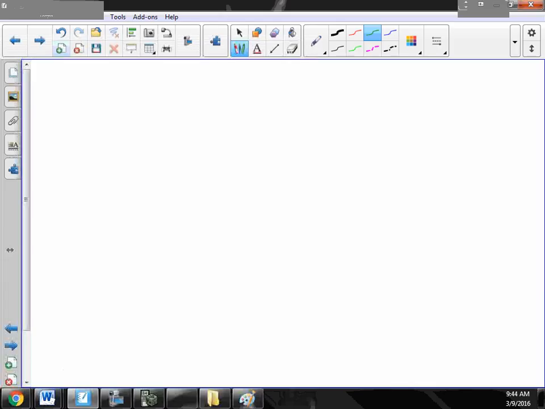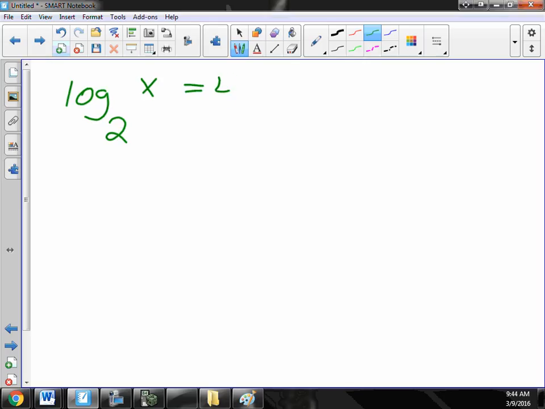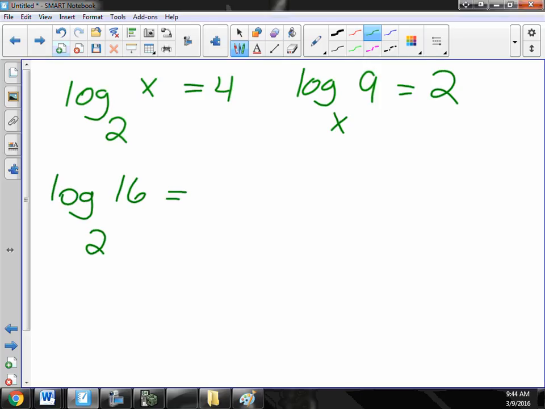In a logarithm equation, there are 3 different places to put the variable. So let's say I had log base 2 of x equals 4, or I could have log base x of 9 equals 2, or I could have log base 2 of 16 equals x.